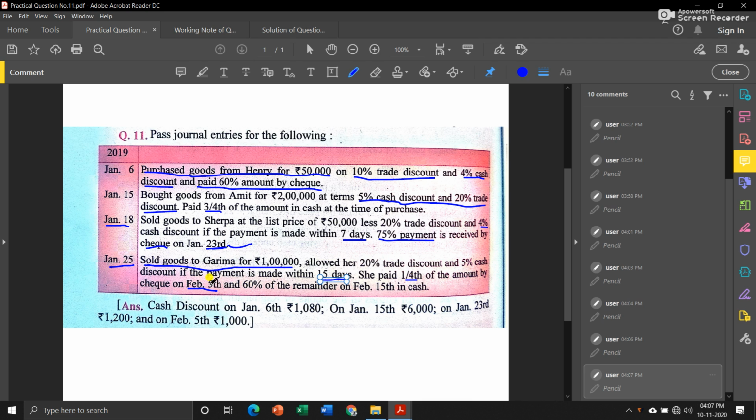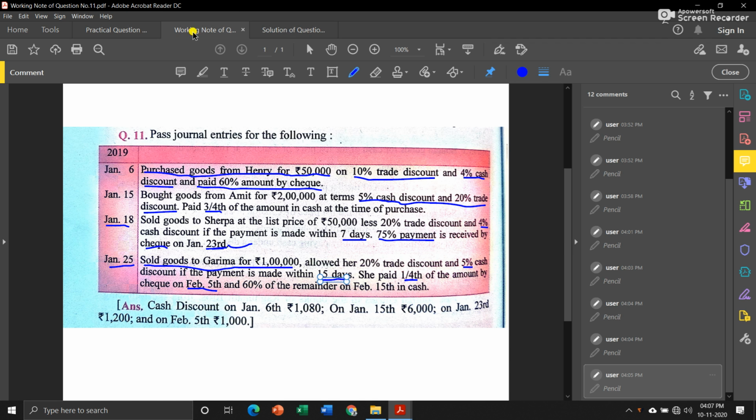Now you have to see whether February 5th falls within 15 days from January 25. If you count, you will see that yes, it falls within 15 days. So that means we have to give 5% cash discount on that 1/4 part of the amount.